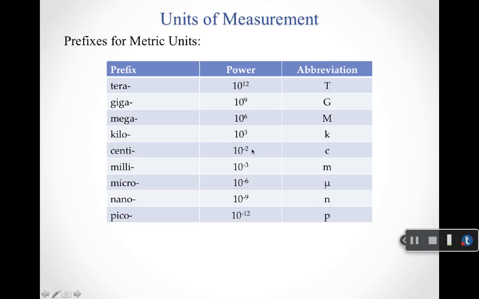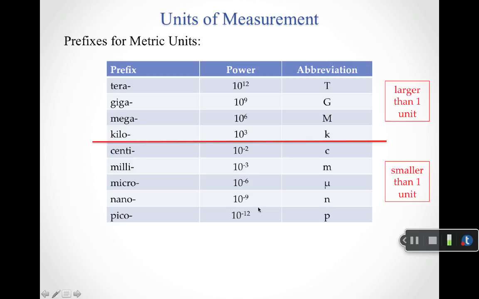So these things are all getting bigger with the positive powers. 10 to the negative 2 is another way of saying 1 divided by 10 squared. 10 to the negative 3 is 1 divided by 10 cubed, or 1 divided by 1,000. So these things are all getting smaller with the negative exponent.